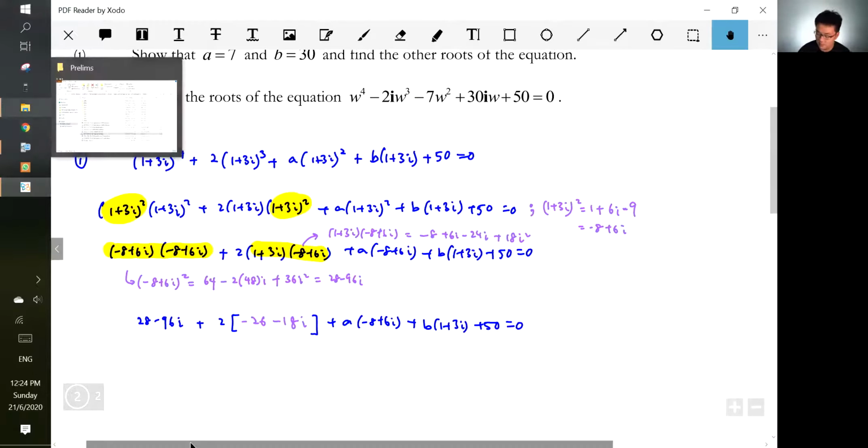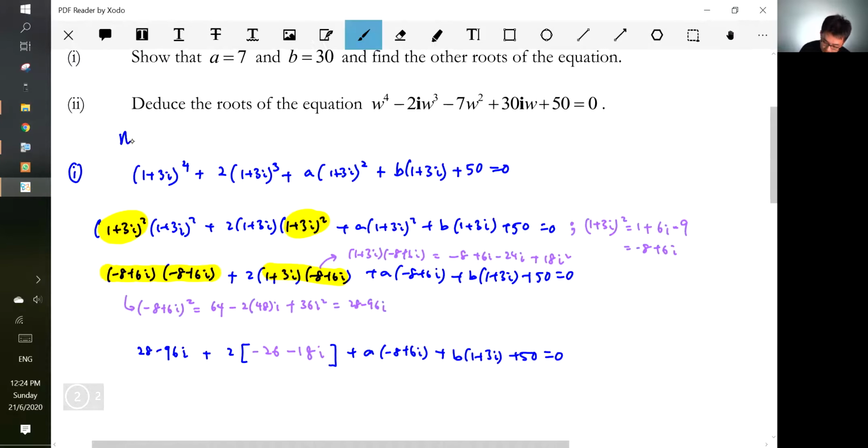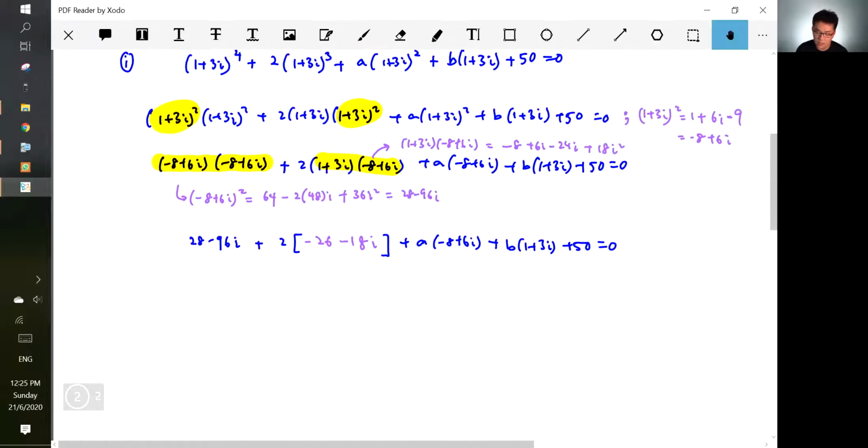So this is method 1, and later I'll go through the other one. Method 1 is to substitute the root. I actually prefer the other way also. Once this is done, just key in the calculator and check.